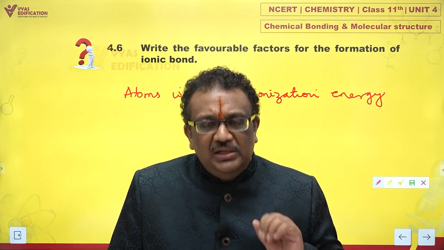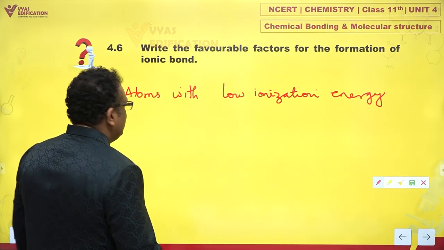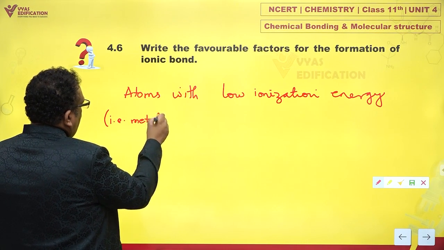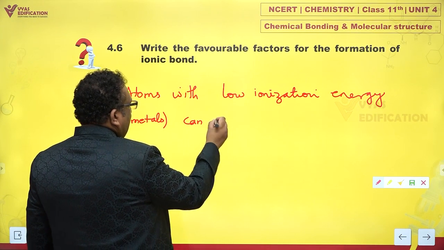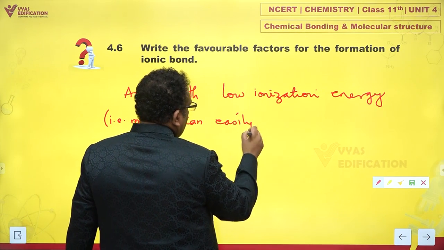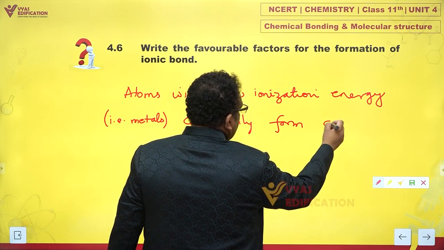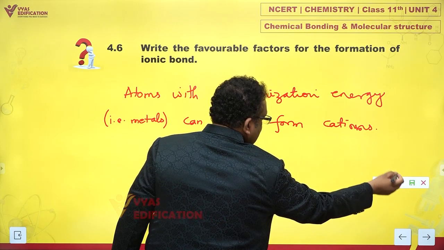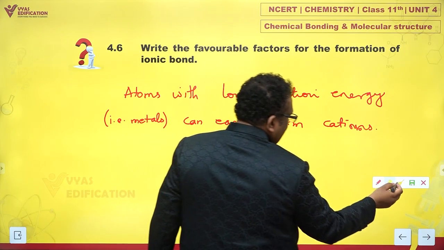These are typically metals. Atoms with low ionization energy, that is metals, can easily form cations. Is that the case? Yes, of course. They can easily form the cations.